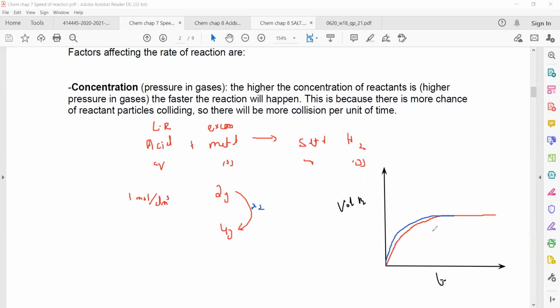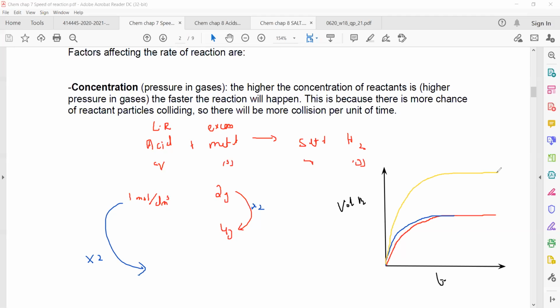So the rate will increase, but the amount of product will not change. But if we double the concentration of the limiting reagent, it will affect the rate as well as the final amount of product.